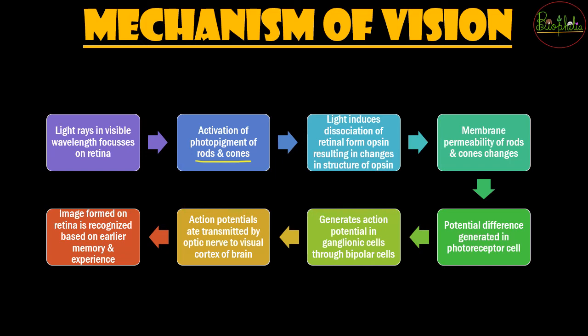So once the rods and cones are getting activated because of the light falling onto the retina, they are going to dissociate. So rods में था the rhodopsin. Rhodopsin जैसे ही dissociate होगा to form the retinal and opsin, because of the structural change in the opsin, there is going to be much more membrane permeability. So membrane permeability यानी जो cell membrane होती है उस पे कुछ receptors होते हैं.